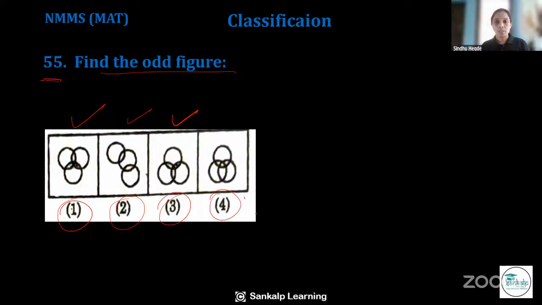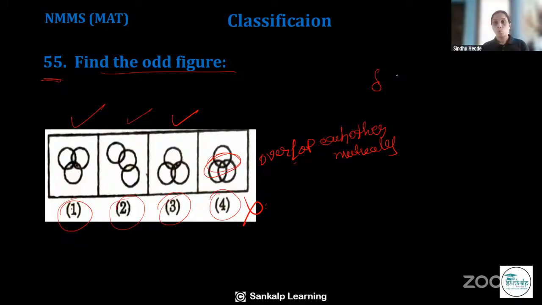But this figure 4 does not follow the pattern. Here the circles overlap each other mutually. This is wrong. Actually, this one breaks the pattern.